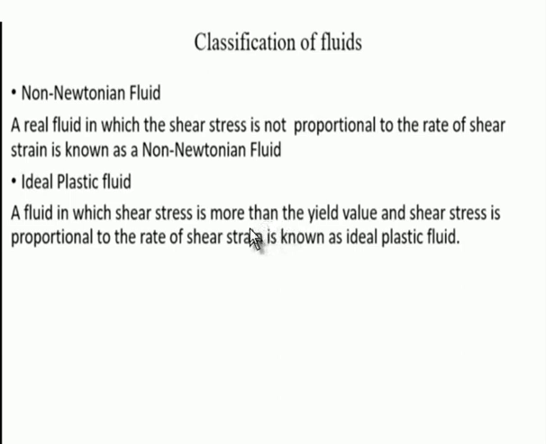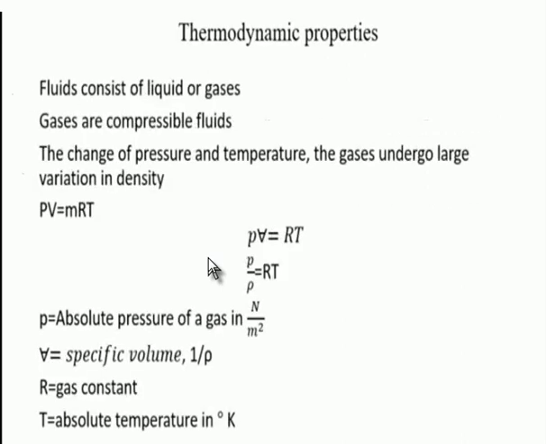If these two conditions are obeyed, then it is called the ideal plastic fluid. What are the two conditions here? Shear stress is more than its yield value, and the shear stress is also proportional to the rate of shear strain. Then such a type of fluid is called the ideal plastic fluid. Okay, so these are the five main classifications of the fluids.